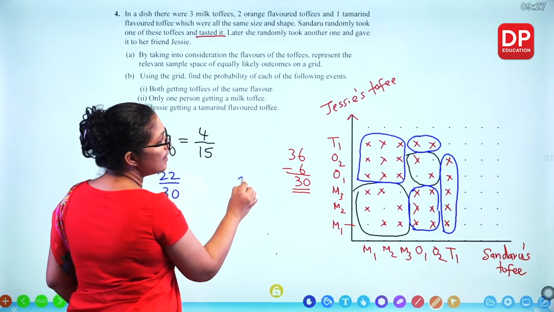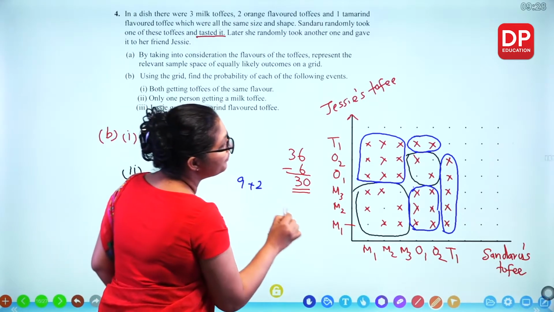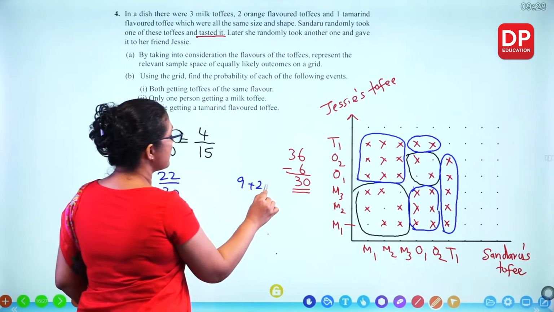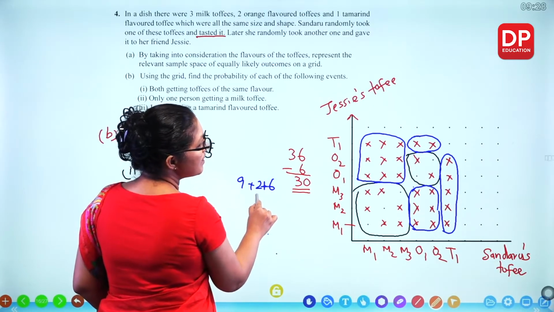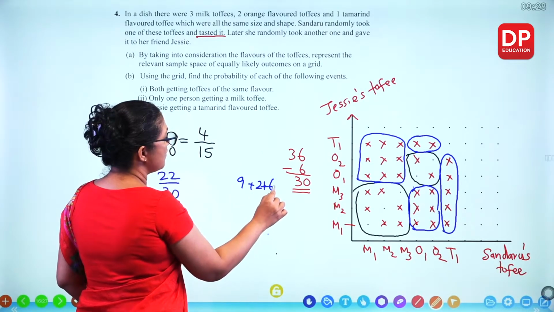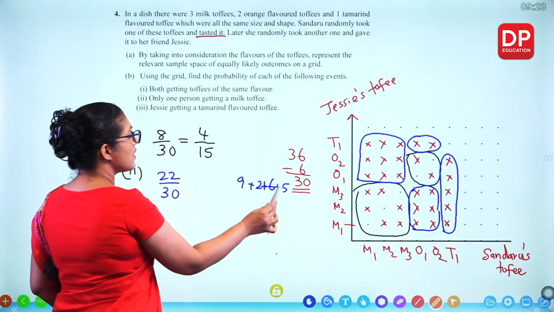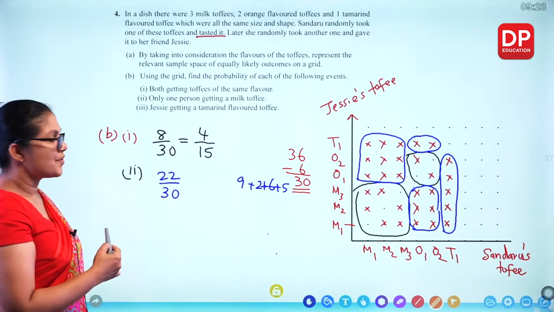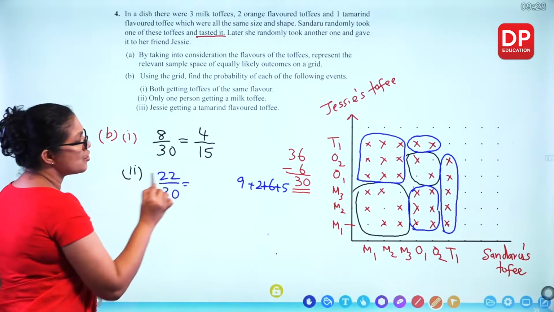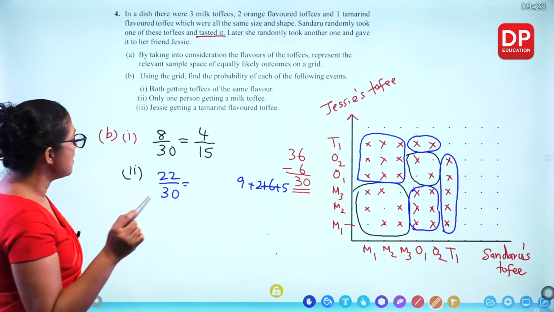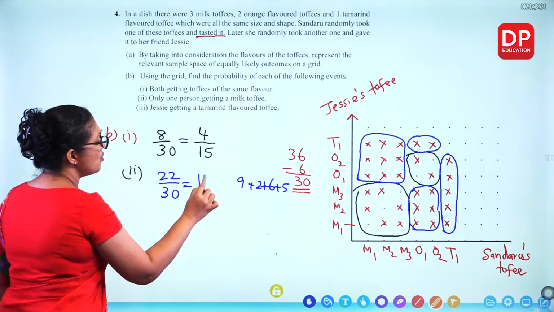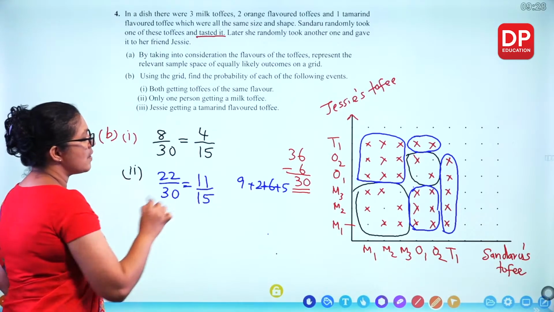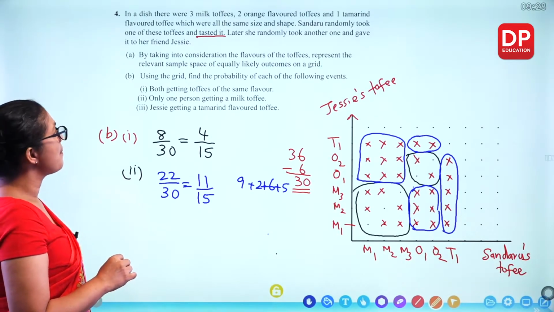Here 9, 2, 6 and 5. 20, 22. So here you are getting 22 over 30. Simplify. Divide by 2. You get 11 over 15.